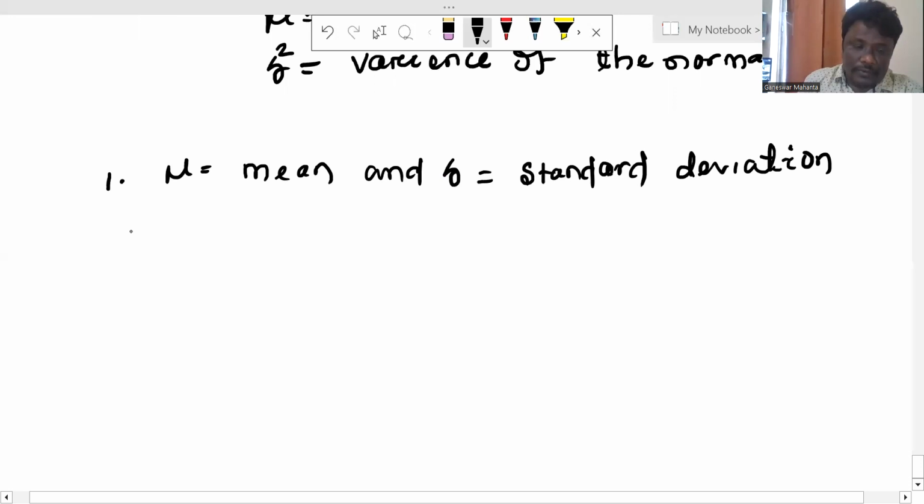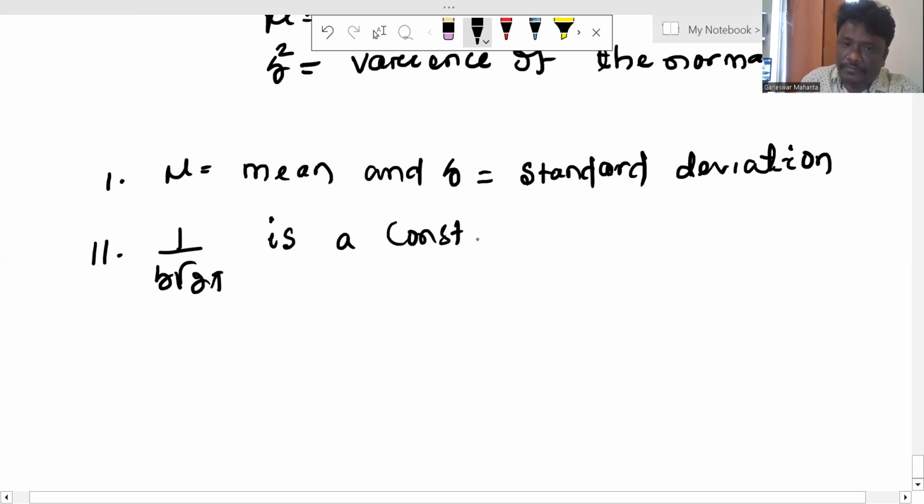And just remember one thing here: 1 by sigma root over 2 pi is a constant factor.